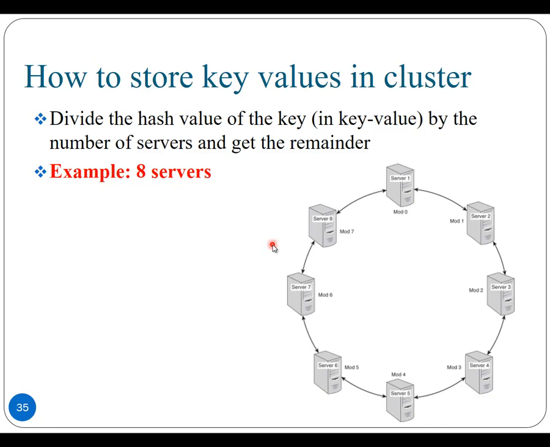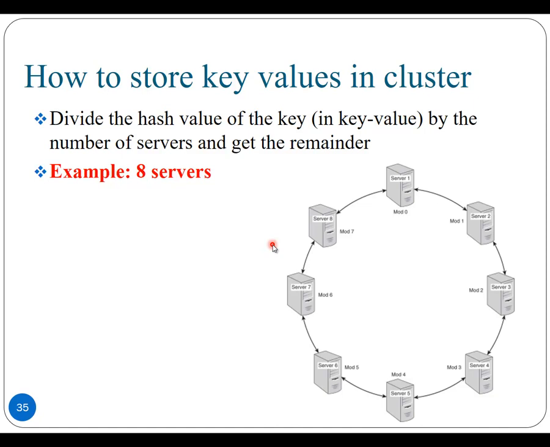We get the hash value of the key of the data, and then we divide the hash value by the number of servers. The result of the division would be a number.